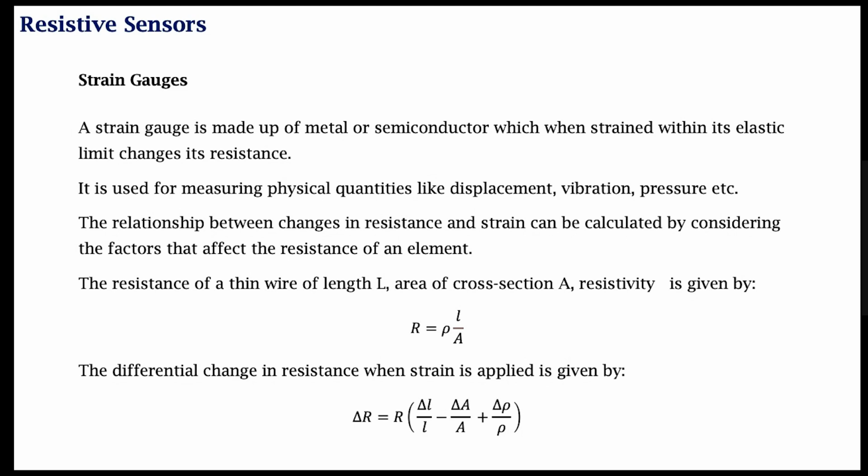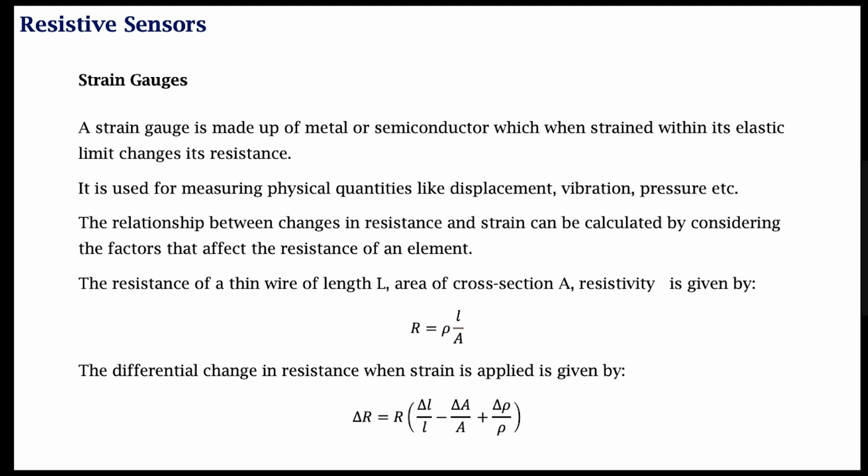When you apply a pressure or a force on a metal, the dimensions of the metal change depending on the direction in which the force is applied and the magnitude of that force. So this would cause a change in the area of the metal foil and the thickness of the metal foil.